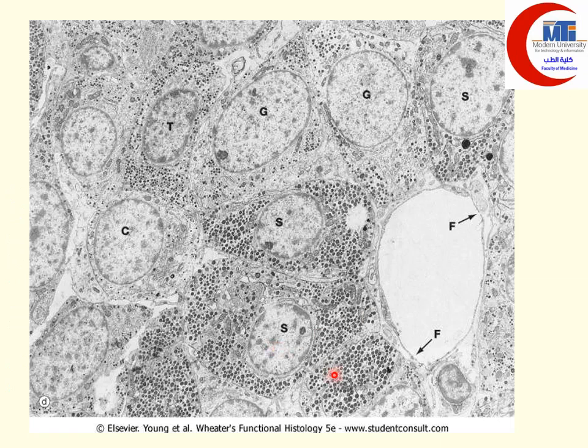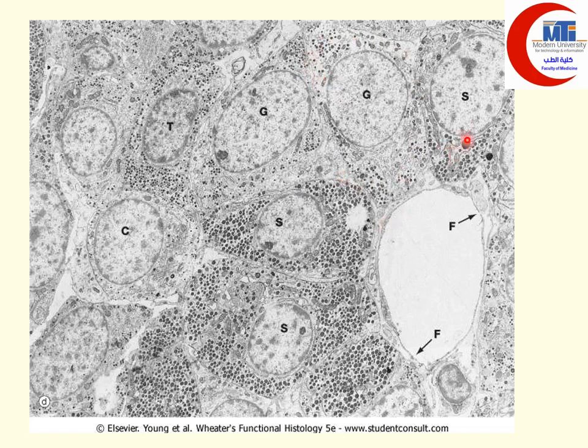This is an electron microscopic picture of the pars distalis showing the cords of cells surrounding fenestrated blood capillaries. These blood capillaries contain fenestrations to facilitate entrance of hormones secreted by these cells to the blood circulation. The cells of pars distalis are chromophobe and chromophile.